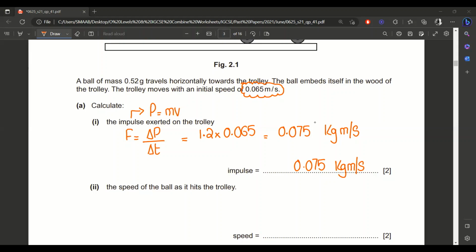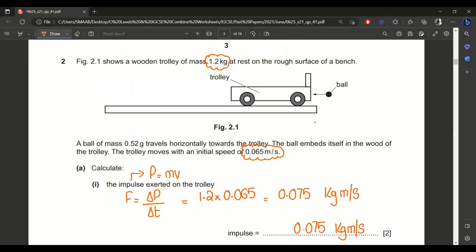So we need to find out the speed, and we have the value of momentum, and we have the value of the masses of both bodies. So any idea to calculate the momentum? Do we subtract the masses? It will act like this.